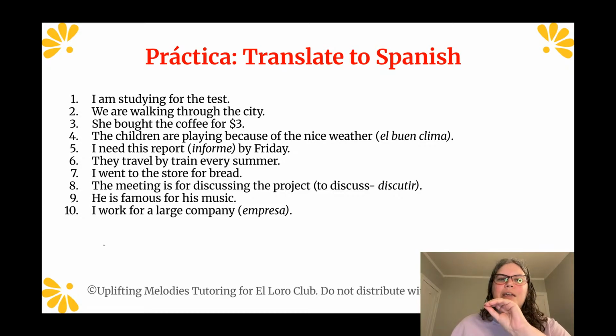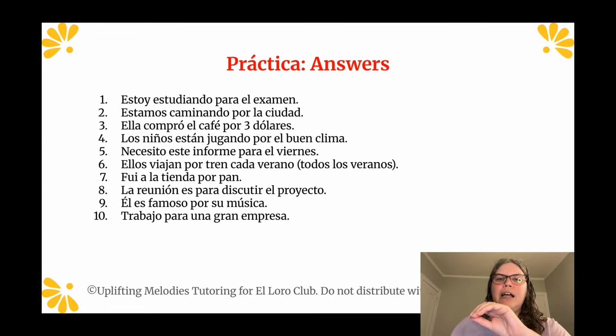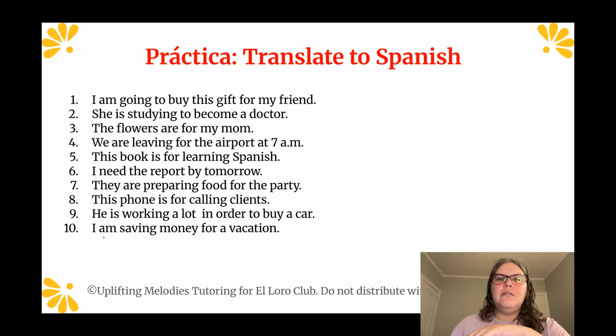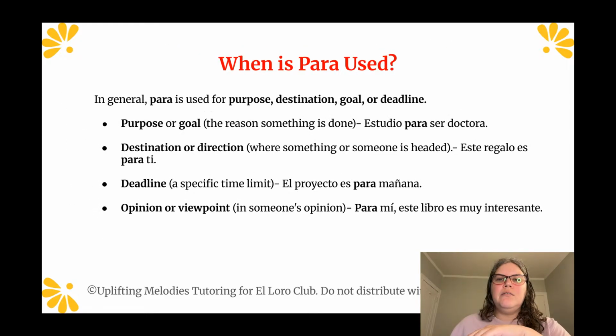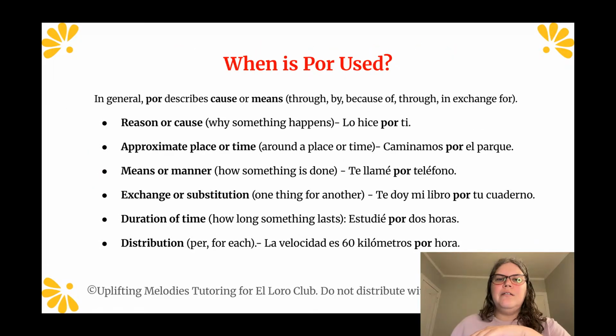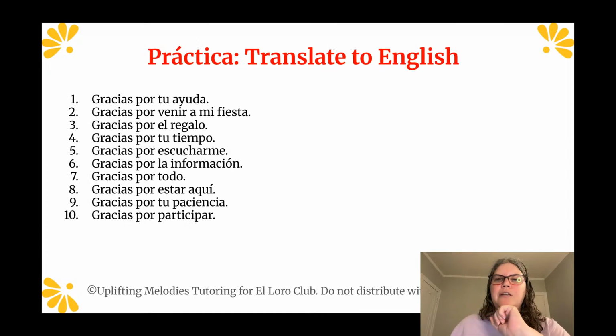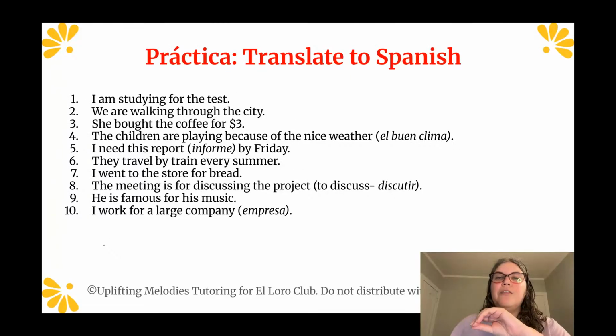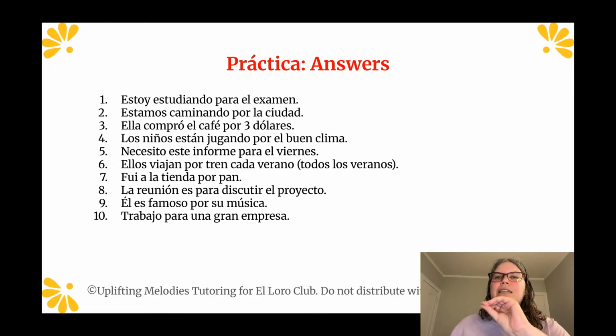So this one would be, estoy estudiando para el examen. Número dos, we are walking through the city. So this one, this is going around a place, right? Estamos caminando por la ciudad.